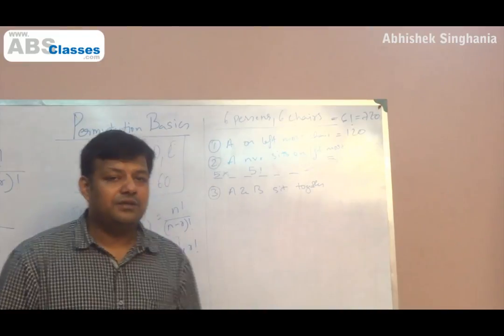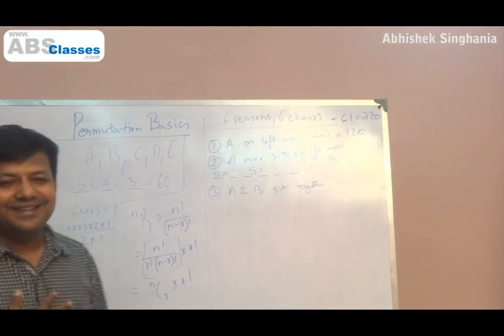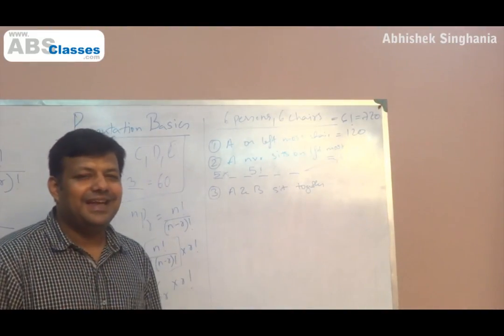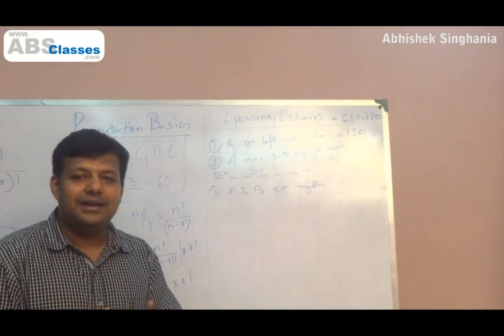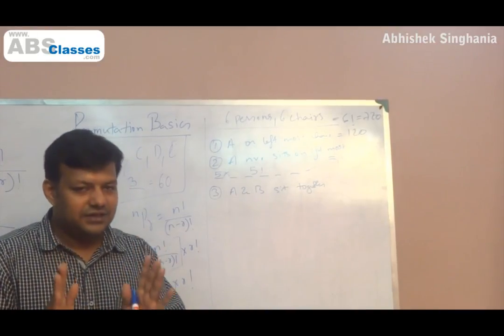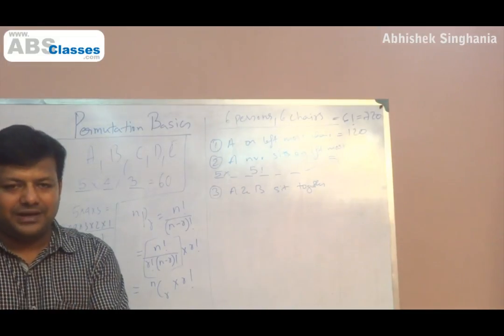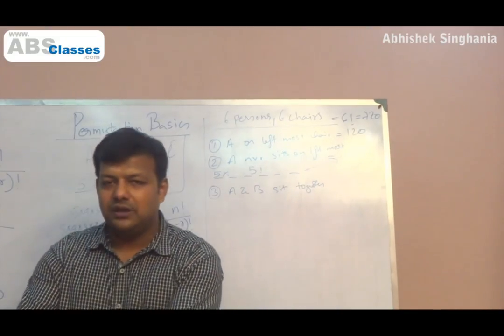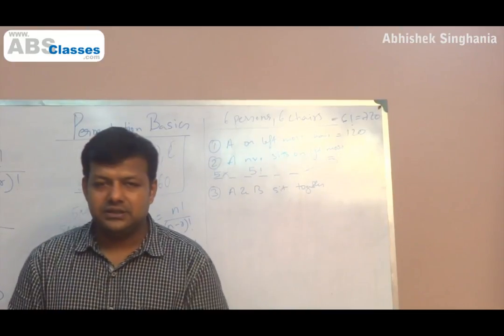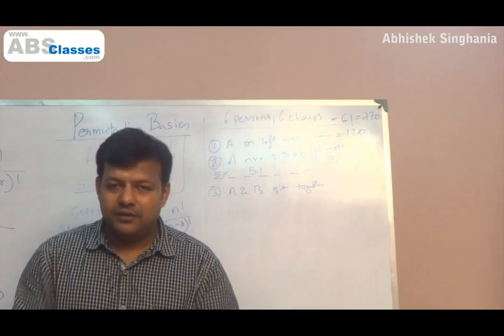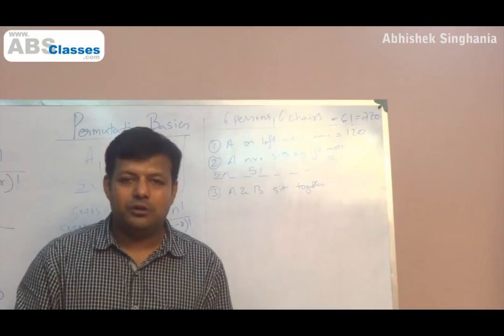But let's not ignore the fact that I assumed A and B to be one entity, but the reality is they are essentially 2 individuals. So whichever adjacent chairs I provide them with, 1-2, 2-3, 3-4, they can always interchange their seats. So it can be AB or BA. For every arrangement, it can be AB or BA, right?